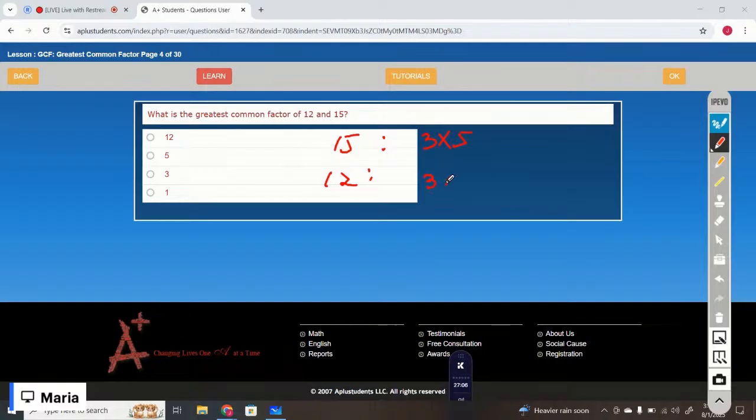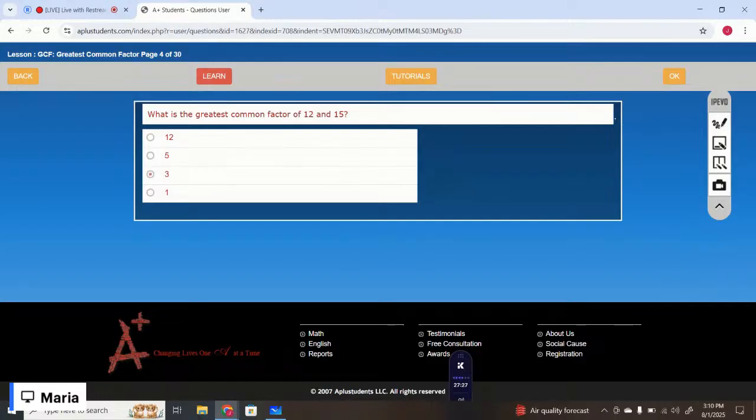So the only common factor between them is 3. Option number 3 is the correct option.